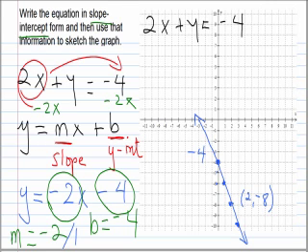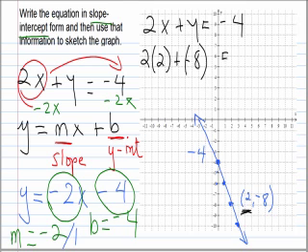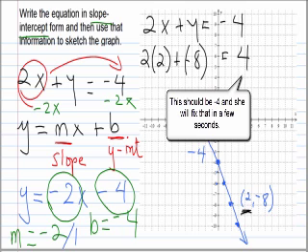So I'm going to substitute these values in. X is 2 from my ordered pair, plus y is -8. And then I'm going to double check to make sure that this point is actually on this line and that I've got the graph in the right place.